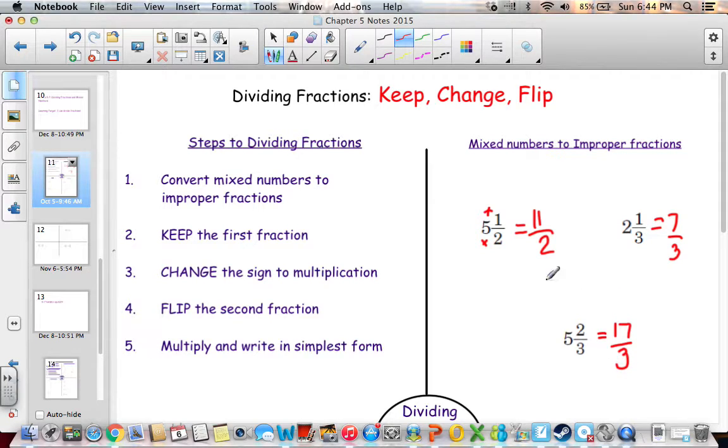Really important to be able to understand this. Remember, we take our denominator, multiply it by the whole number, and then add the numerator, keep the denominator.